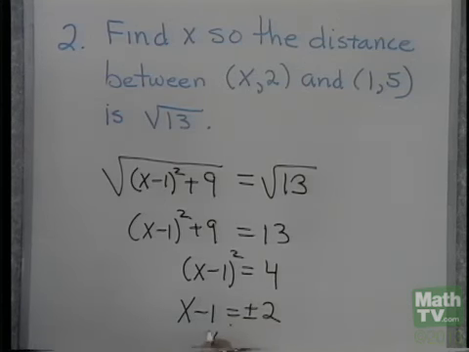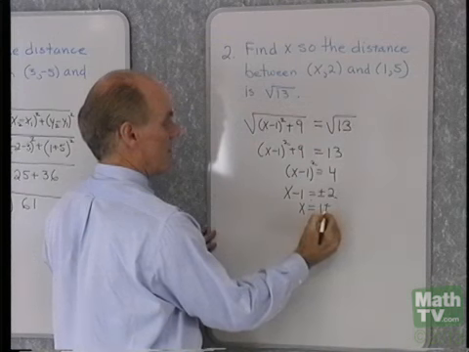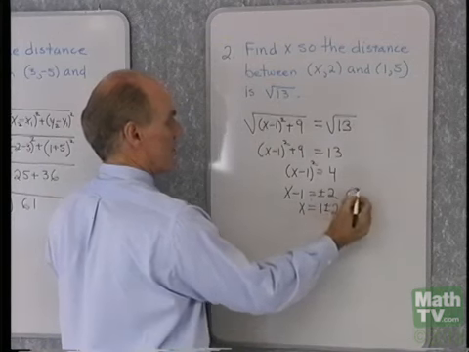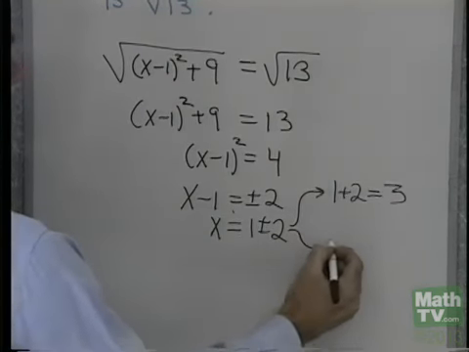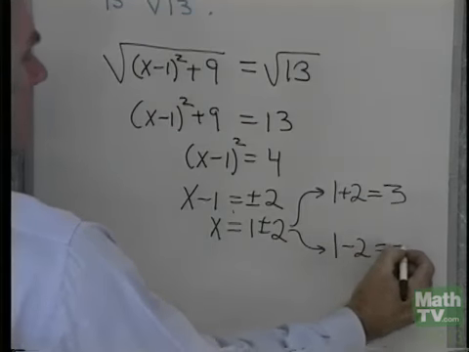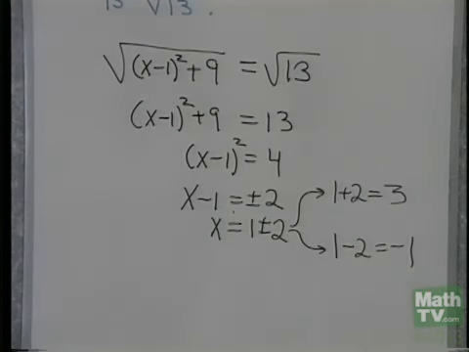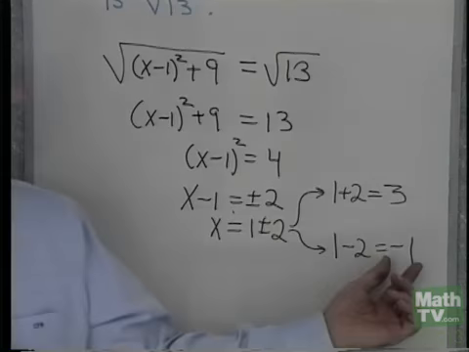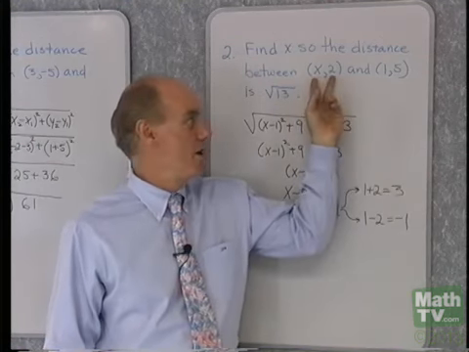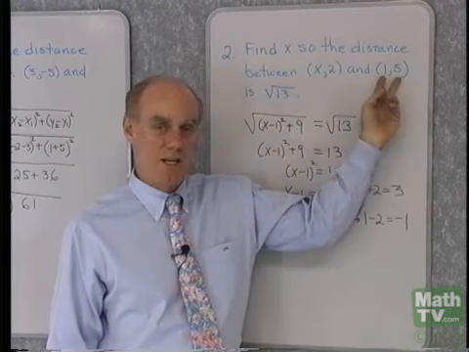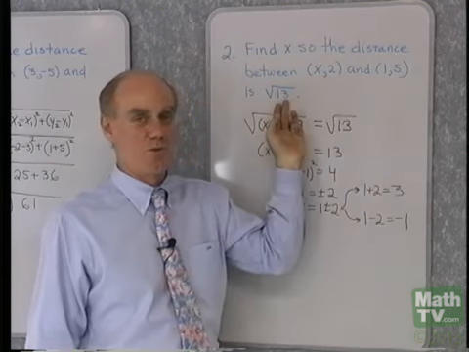So x will be equal to 1 plus or minus 2. So I get 1 plus 2, which is 3, and then I also get 1 minus 2, which is negative 1. So I end up with 3 or negative 1 as the two values of x that I can put in here and have a point so that the distance between it and (1, 5) comes out to be square root 13.